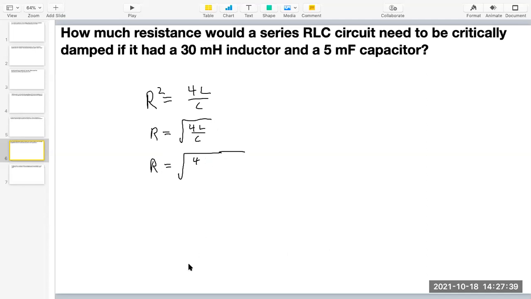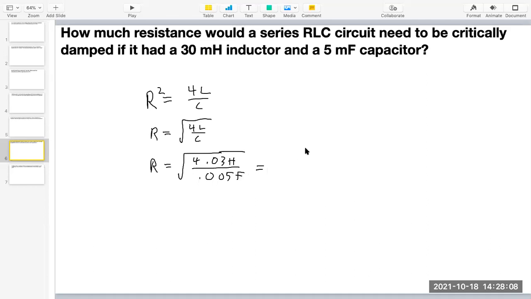And it would be best to convert into base units just to show, but the factors of 1,000 will end up canceling each other out. But it's just good practice. It's actually 0.03 henries and 0.005 farads.